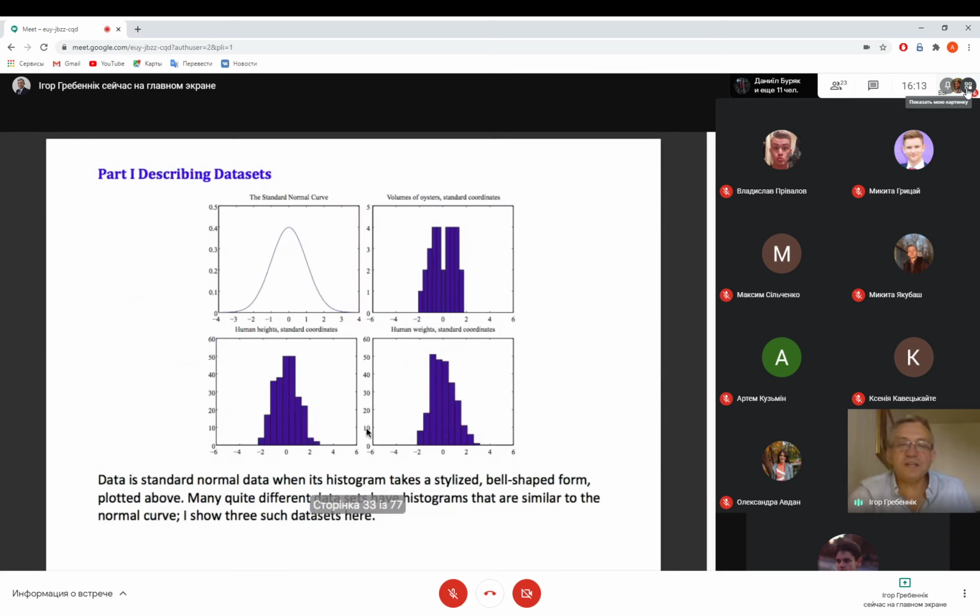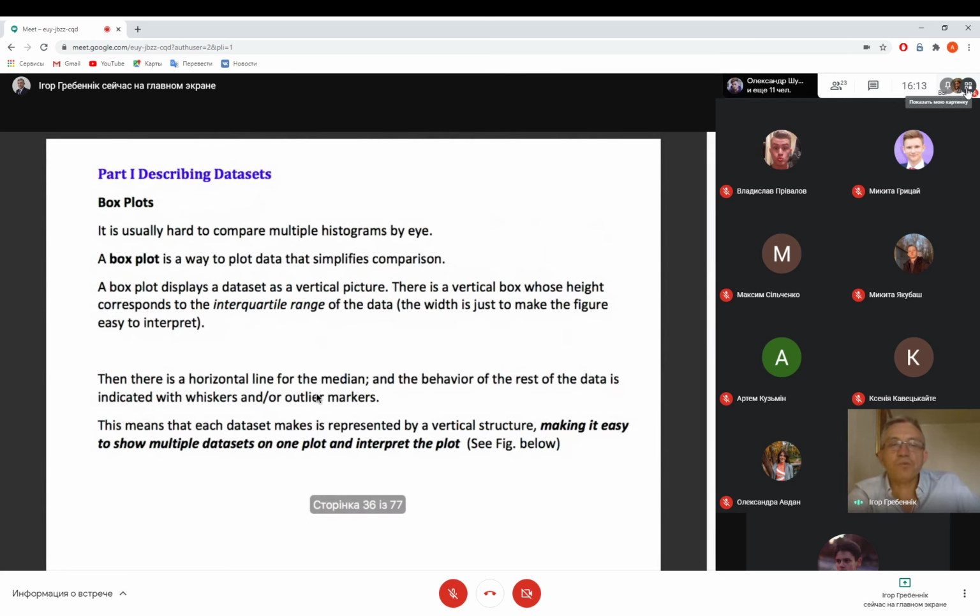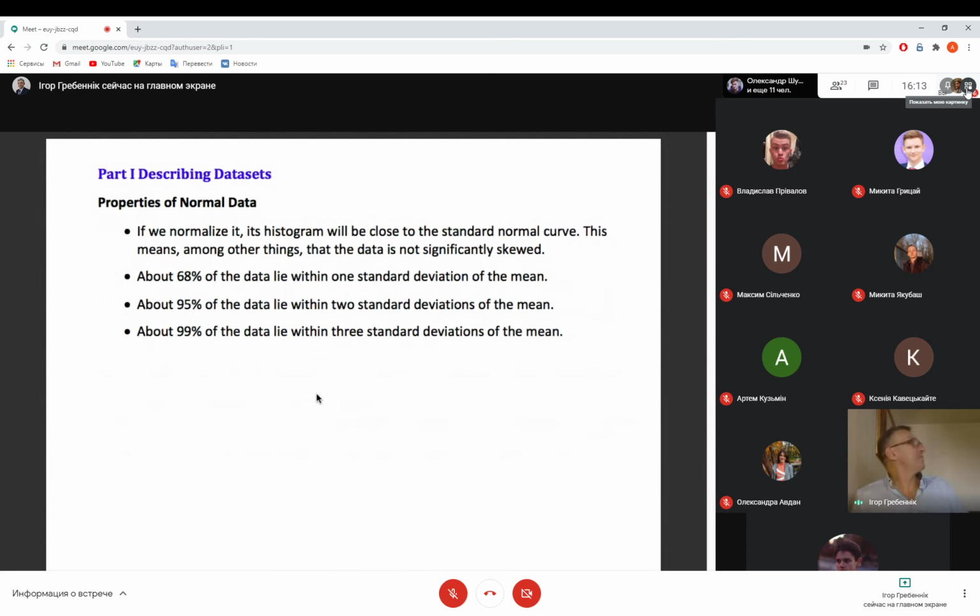And if we take 3 standard deviations from the mean to the right and to the left, we have almost all, more than 99% of the data within this interval. And this is a specific property of normal data, the normal curve, the normal distribution.